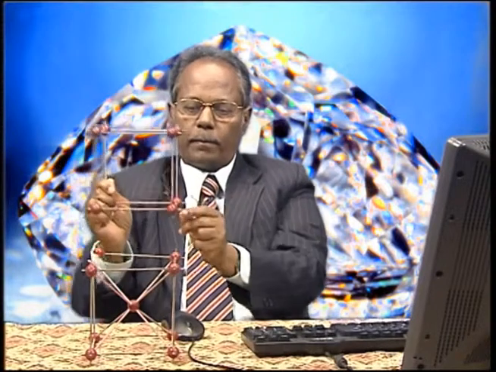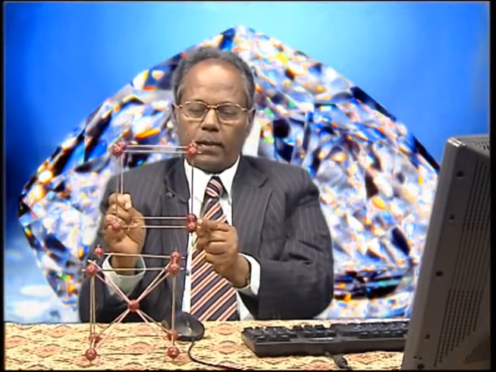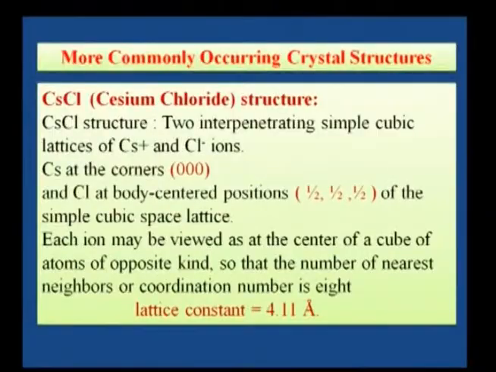So, this atom which has been here, one atom will be here, cesium. Where will you find the chlorine? Half times a, half times b, and half times c. In the cubic case a, b, c are all equal, and so you will have the chlorine ion here and the cesium ion here.